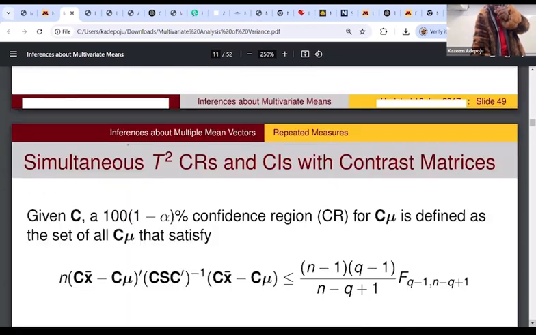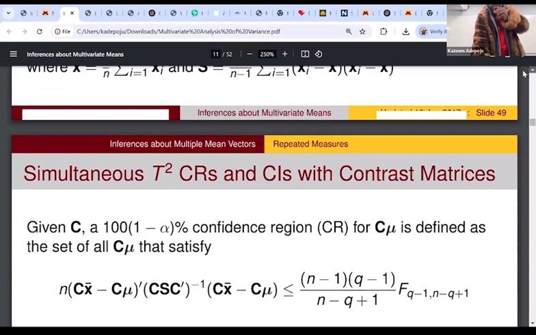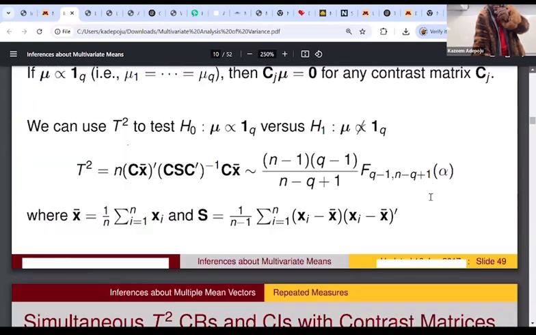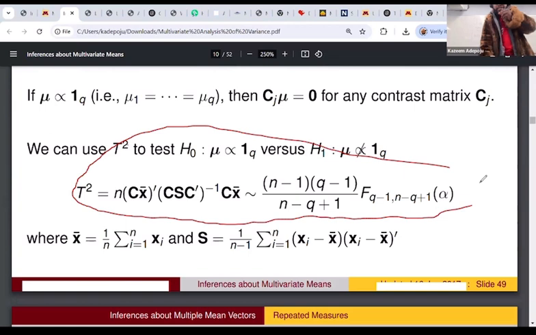We can also have simultaneous intervals. This is how to conduct the test, what the test statistic is, and how to take your decision. The moment you get your T-squared, you compare it with (n minus 1)(q minus 1) divided by (n minus q plus 1) times the F value that you check under a particular significance level.